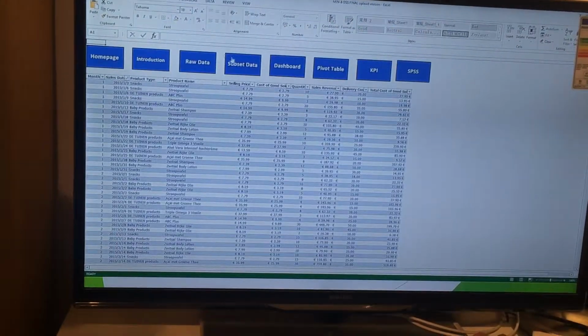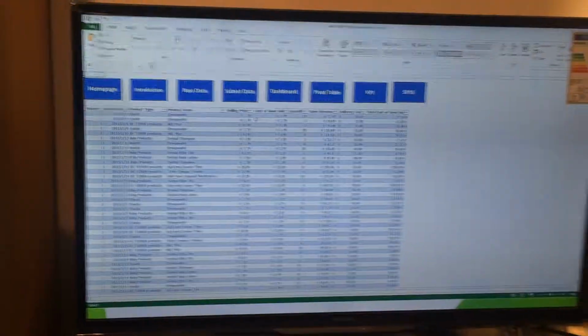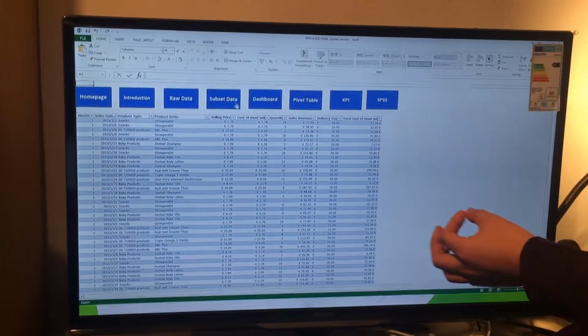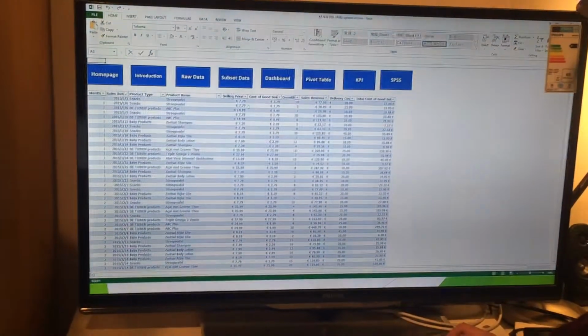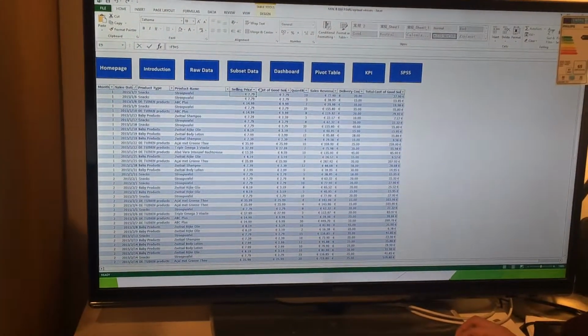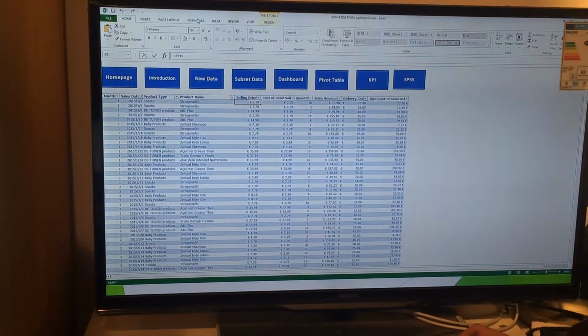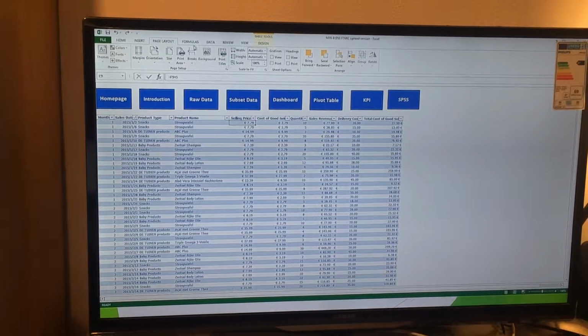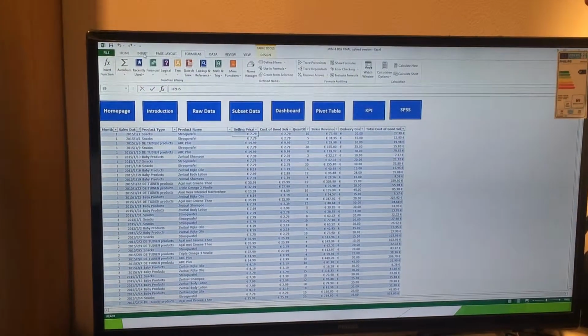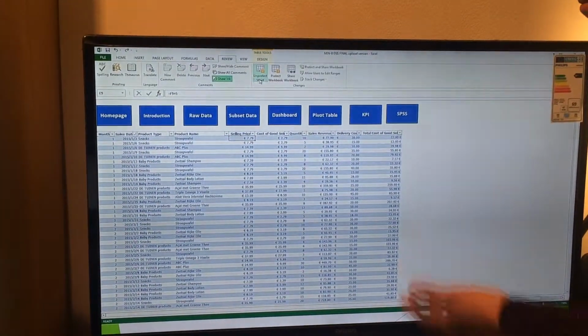And one more thing is that to protect your company's internal data, we protect your raw data and subset data to prevent damage. And here we set up protection. And if you would like to add or change something, you can use this unprotect sheet.